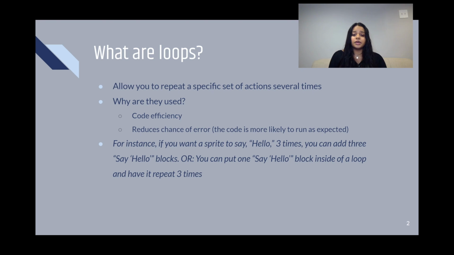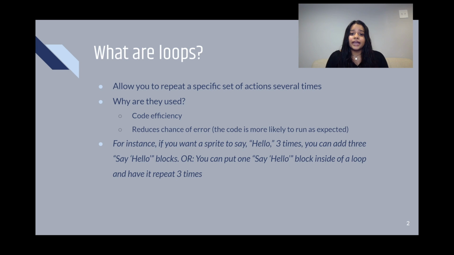If you want in Scratch, for example, if you want a sprite to say hello 3 times, you can add 3 blocks after the event tab. So let's say, for instance, we're using the when green flag clicked block as our event.